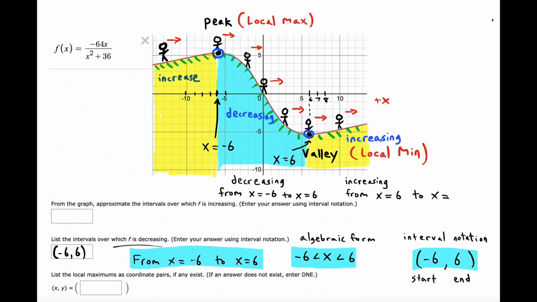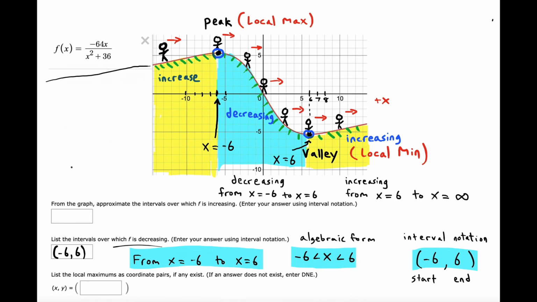So generally, when you see graphs like this, you just assume that the trend continues unless there's reason to doubt that. So my guess is that this is going to be increasing from an x of 6 to an x of infinity. Now for the left side here, we see that our guy is walking uphill, and it's like, when did he start walking uphill?